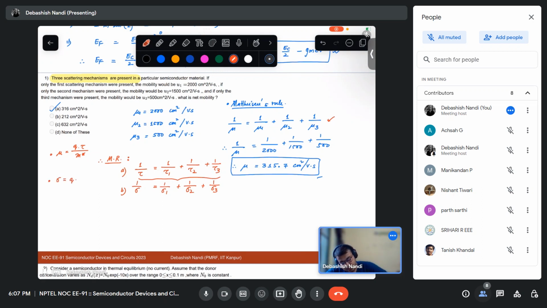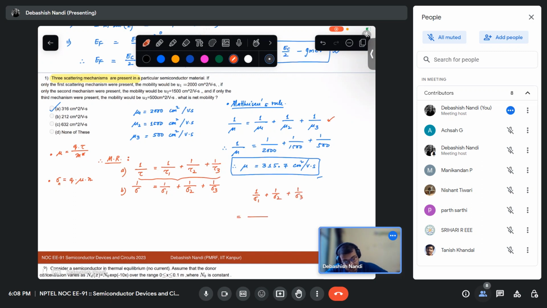Q mu into n, right? So if n and q are constant, then Matthiessen's rule applies to this also. Are you getting how this is coming? 1 over sigma 1 plus 1 over sigma 2 plus 1 over sigma 3.